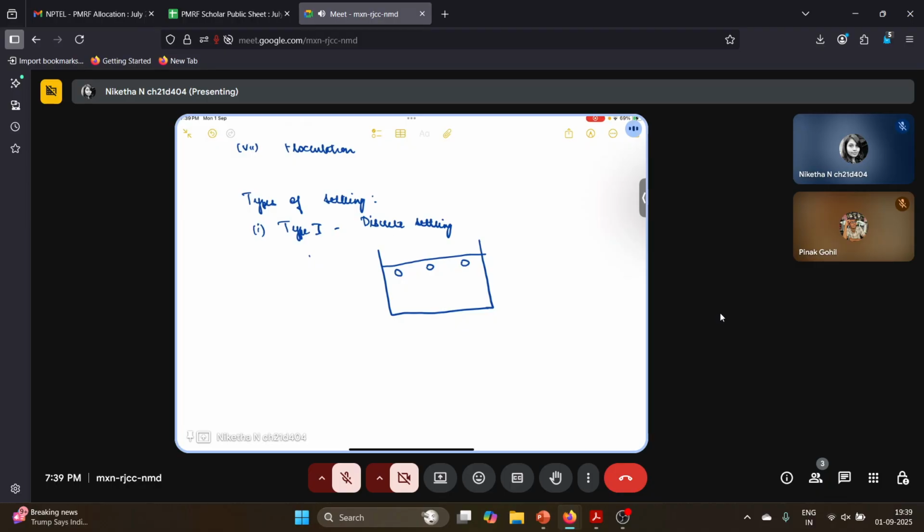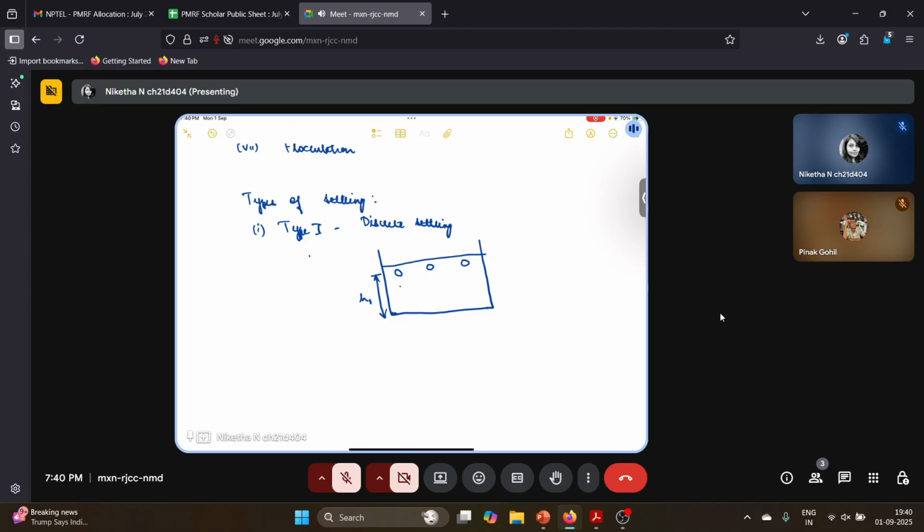So all of them are discrete and distinct from each other, and it is assumed that if a few particles are present at height h, let's call it h1, so if these three particles are at the same height, then it will take the same time for all these particles to reach the bottom.